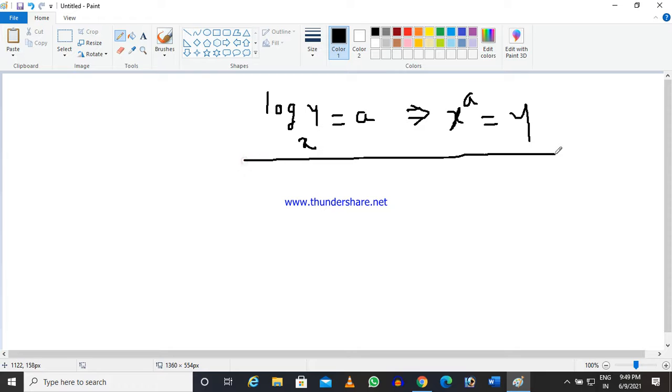Okay, so similarly now you know x to the power a into x to the power b, that is nothing but x to the power a plus b.